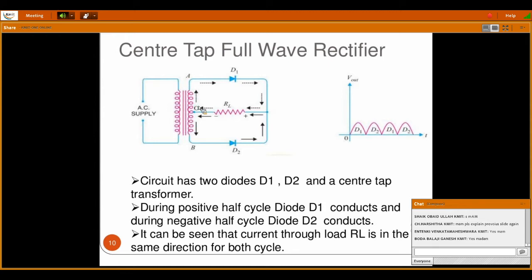During the positive half cycle, D1 will be conducting, and during the negative half cycle, D2 will be conducting. You will understand.